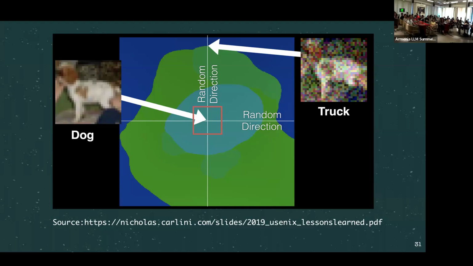If we go far in a random direction, at some point it will become random noise, and the model will be wrong. But the point is, in a reasonable area around this picture, the class that is output is relatively the same. That's good news. That's the picture we would like to see on all classifiers: a region around the image where, whatever you change, the prediction stays the same.